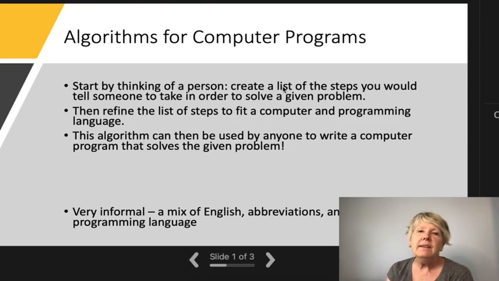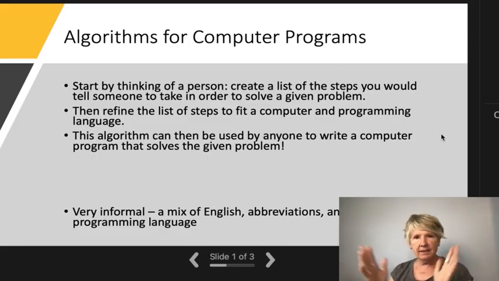And you create a list of the steps you would tell someone to take in order to solve a given problem. Okay? So you're doing this just like you're telling somebody how to solve a problem. First do this, second do this, and so on. Then you take that list and you refine those steps to fit a computer and a programming language. And we'll look at how to do this in a moment.